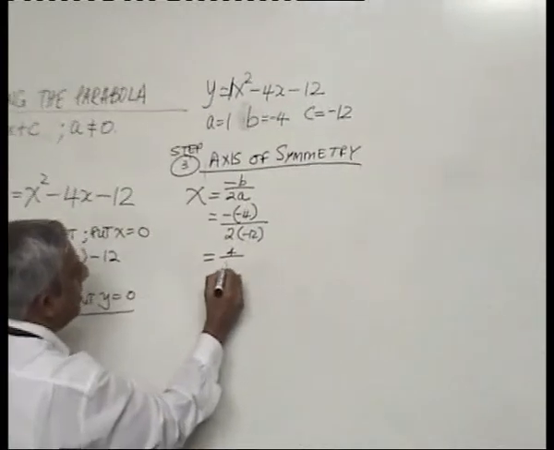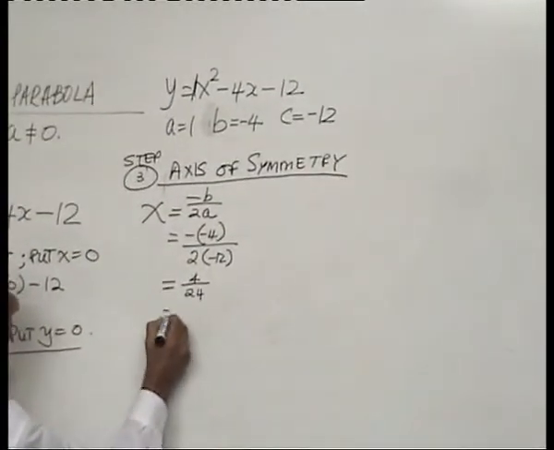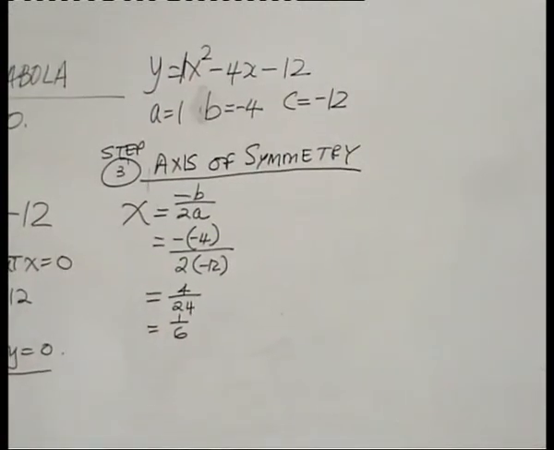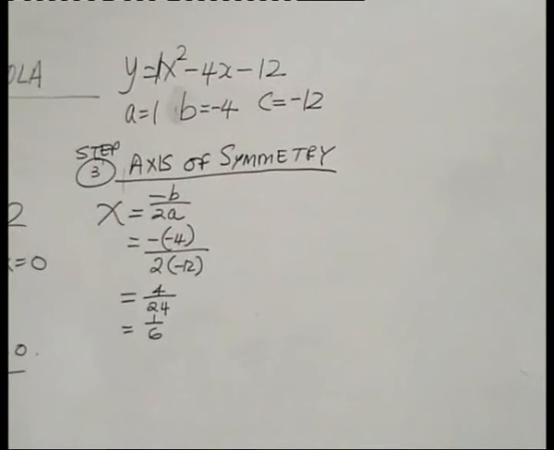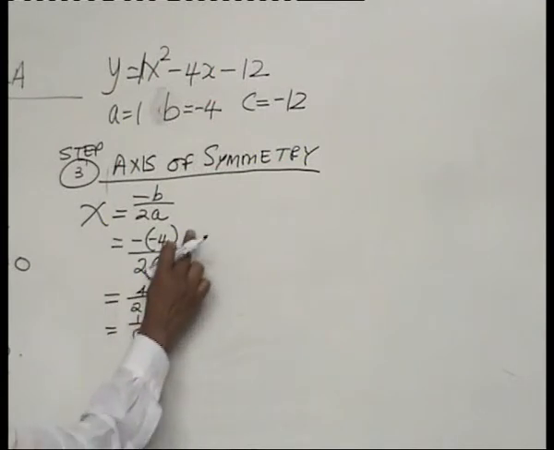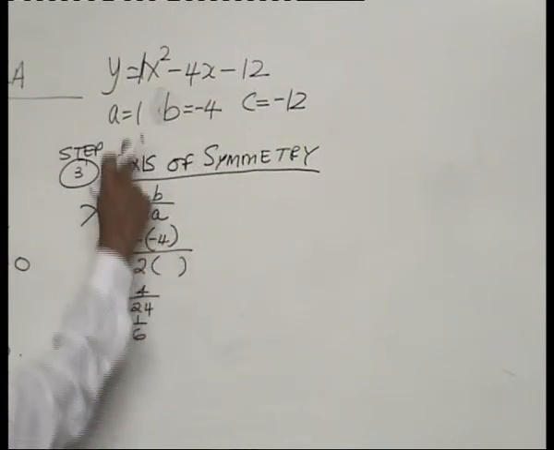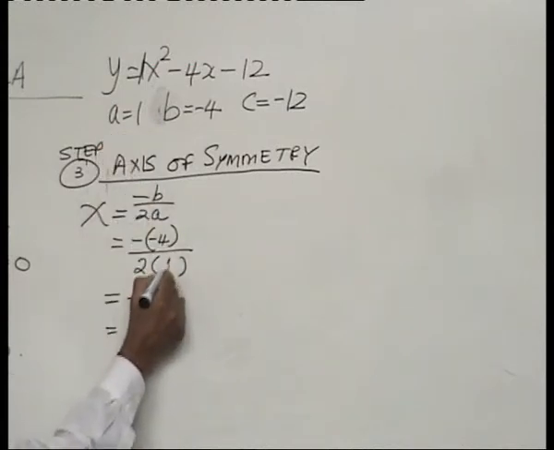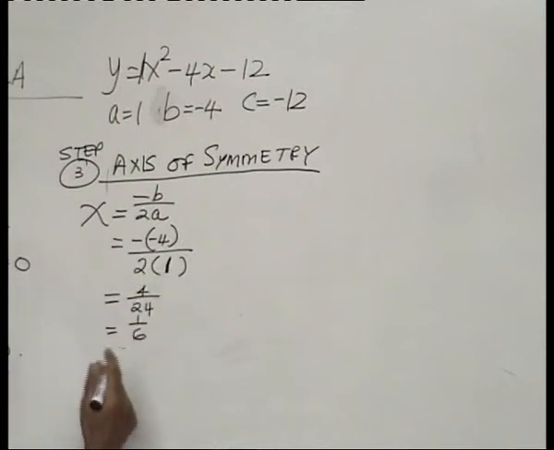That's 4 over 24, which is equal to 1 over 6. Let's check this again: minus b over 2a, so it's minus into minus 4 all over... there is a mistake. This is not a. A is 1. Sorry about that. It's nice I'm making mistakes, so you know that if I can make mistakes, you can make mistakes. But you must be smart like me too.